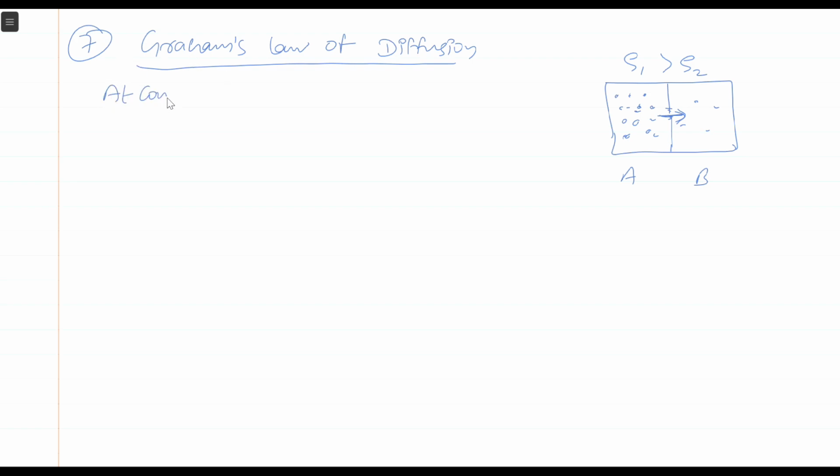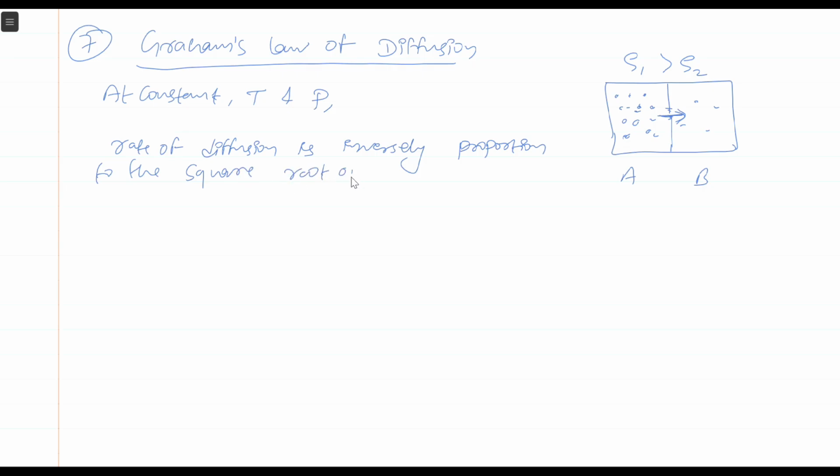Graham said that at constant temperature and pressure, the rate of diffusion is inversely proportional to the square root of its density.